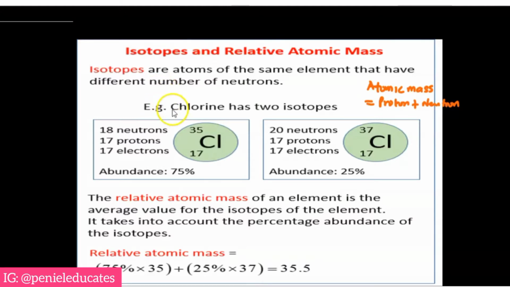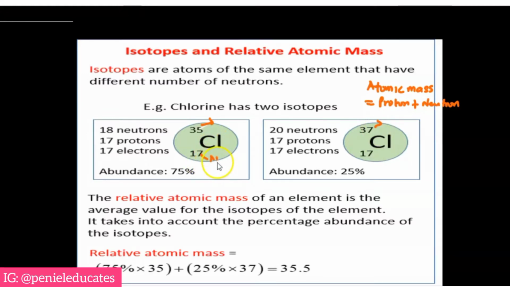If you consider this example of chlorine isotopes, we have chlorine of mass number 35, and we have chlorine of mass number 37.